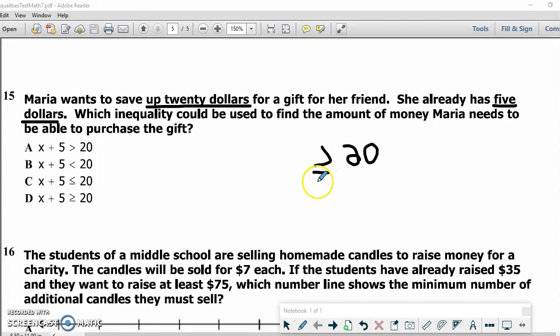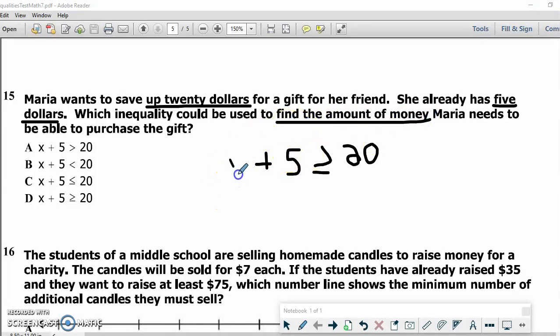And then what she has and what she needs to work up to reach her goal on the other side. So we know she has $5. And so if we add anything on to that $5, that will tell us what she could raise. So we need to find the amount of money she needs.